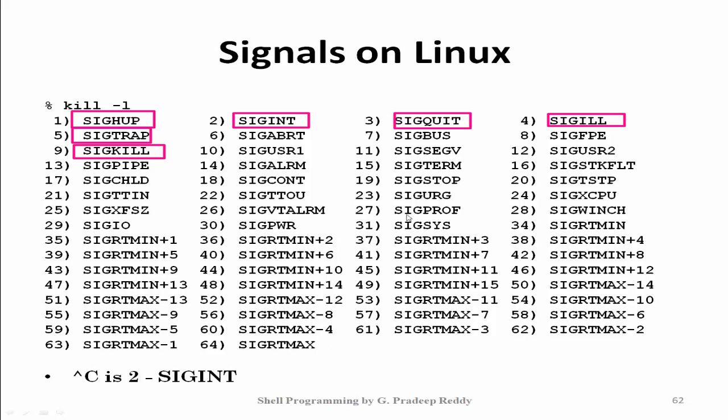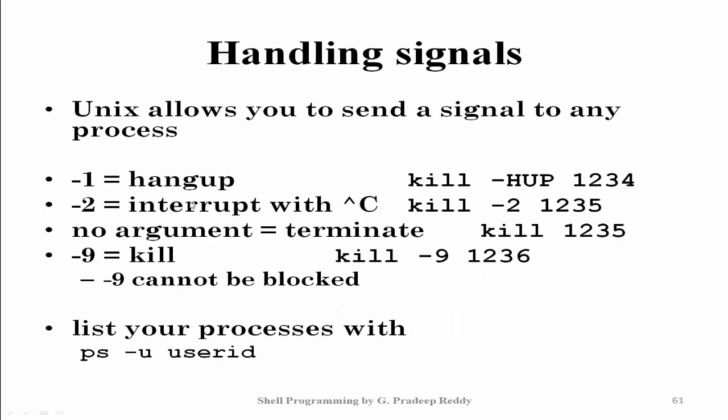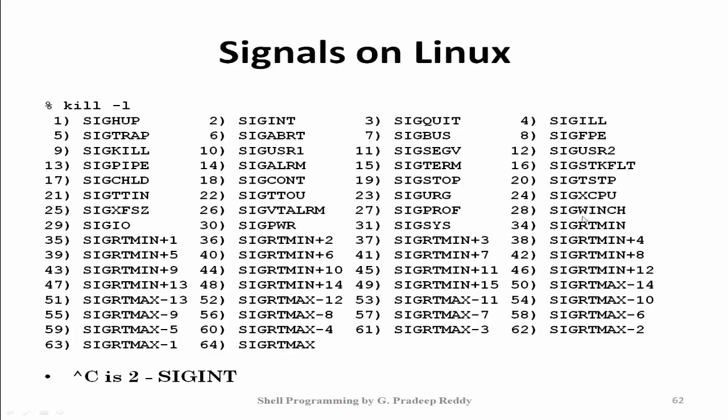These are the different signals which you can use. Pressing Control C is equal to signal 2. So here we specify SIGINT, which is the signal interrupt, which is 2. So 2 is an interrupt which is similar to Control C. That is what we have mentioned here.